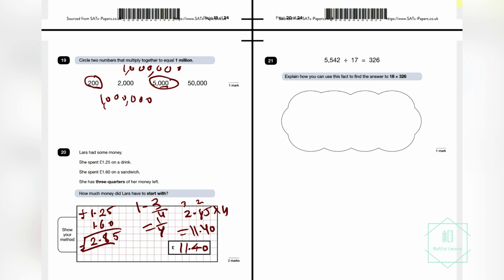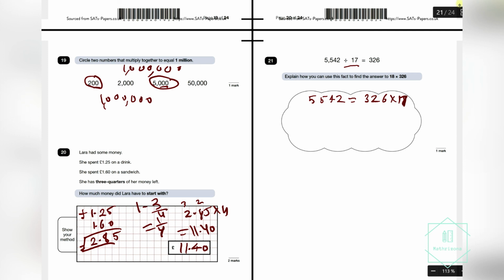Okay, last question. 5542 divided by 17 is equal to 326. Explain how you can use this fact to find the answer to 18 times 326. So you have to explain how we can use this logic for 18 times 326. We can write 5542 as a division; if we take the 17 to the right hand side, it will be 326 times 17, right?